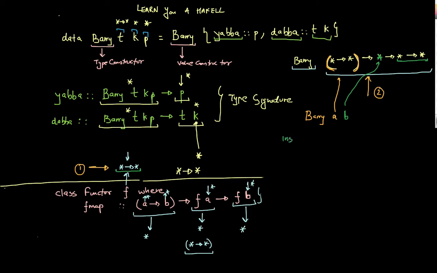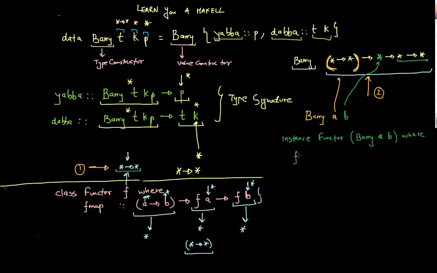So I'm going to say instance Functor, and this f over here, which needs a kind of star to star, I'm going to pass in Barry AB, because Barry AB has the same kind signature as this f here. Let's provide the complete implementation for my fmap method.